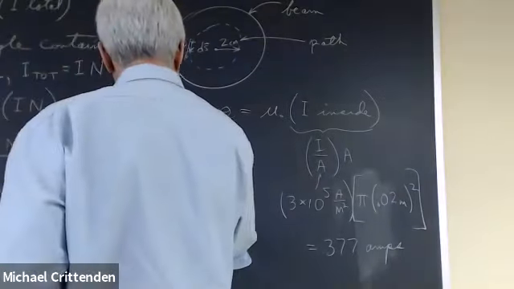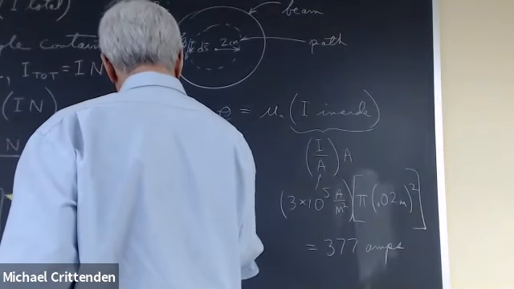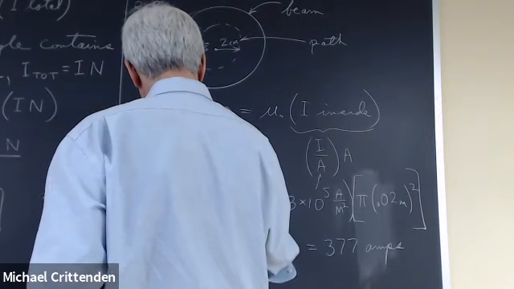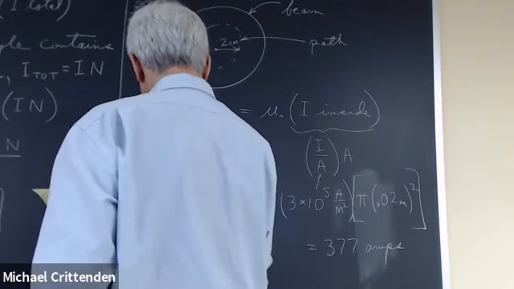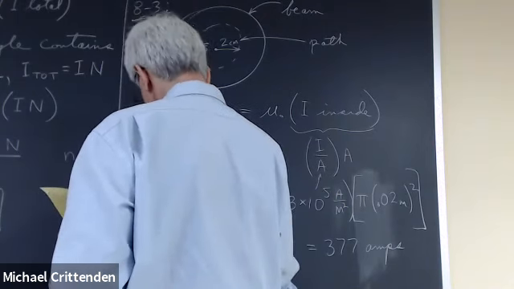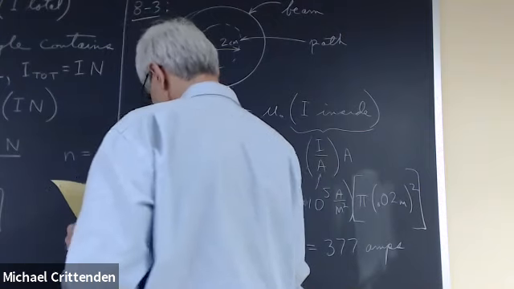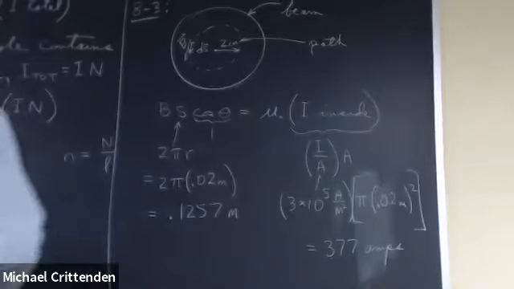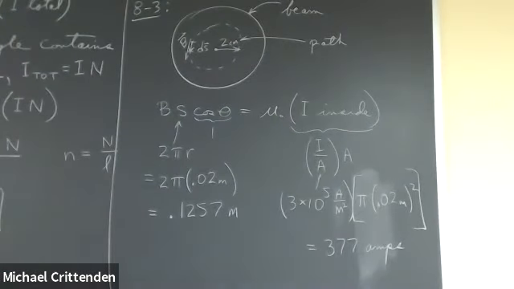Might as well fill in some numbers over here. Maybe I should have done that before. Circumference 2 pi r, the radius is 0.02 of a meter, so 0.1257 of a meter is the circumference of the circle.